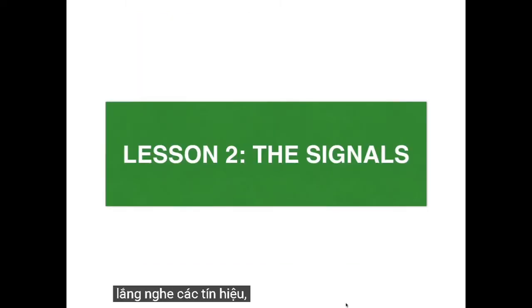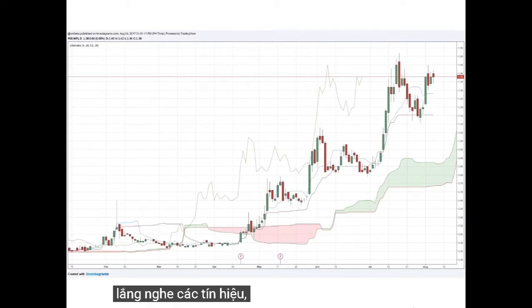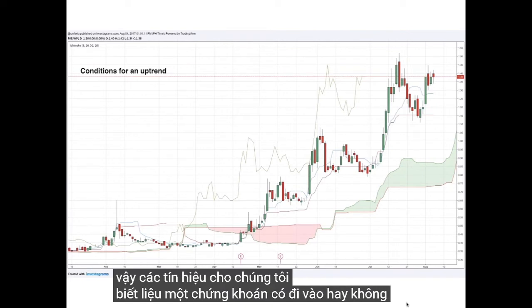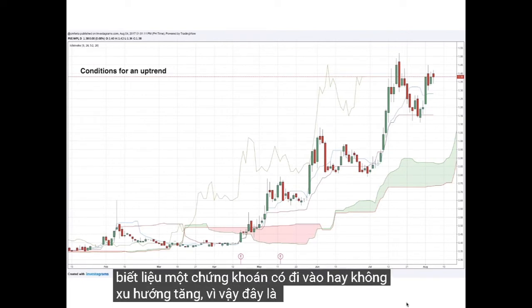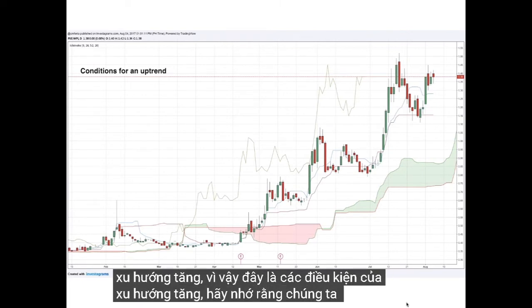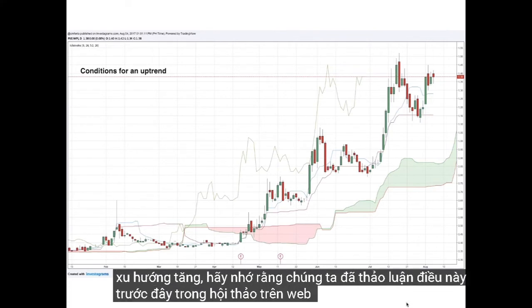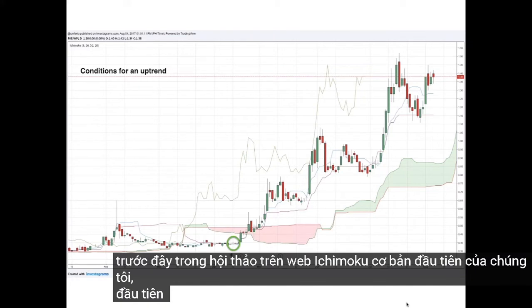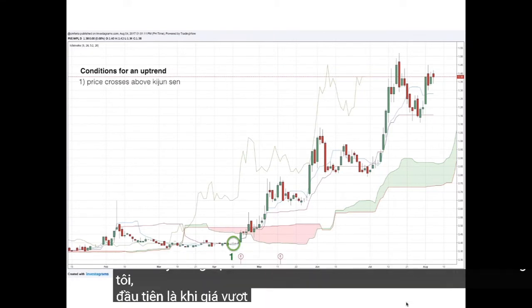Lesson 2, The Signals. So what are the signals that tell us whether a security is going to go on an uptrend? So here are the conditions of an uptrend. Remember that we discussed this previously in our first basic Ichimoku webinar. The first is when price crosses above the Kijun-sen.